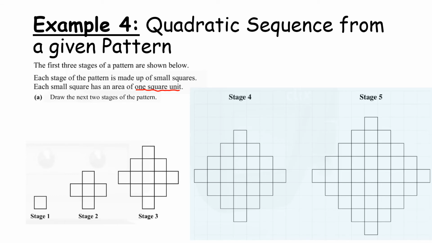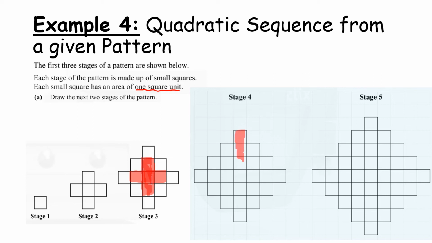Often students struggle with this. And one suggestion I would make is, let's take stage 3 here. If you first of all show your previous stage in one color, so I'll show stage 2 in red, and then you can see what you've added on. So for stage 4, let's do the same.